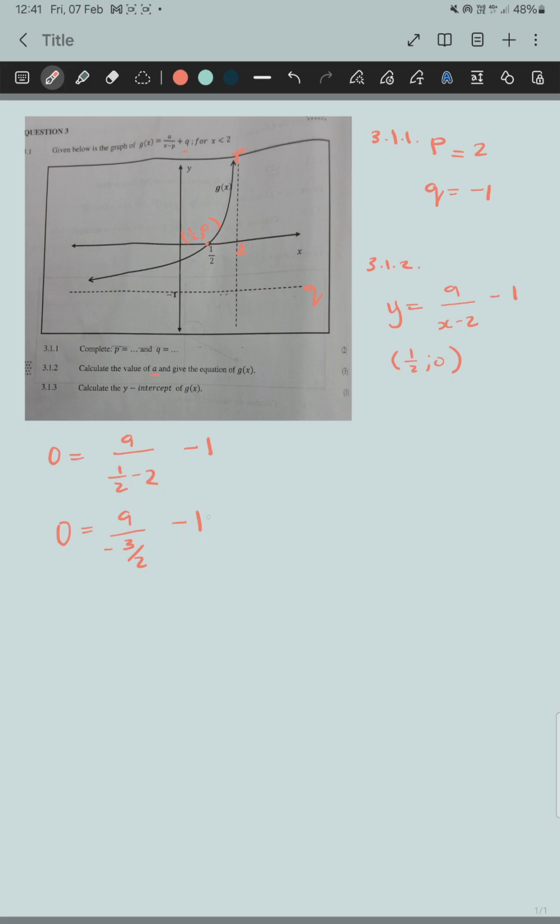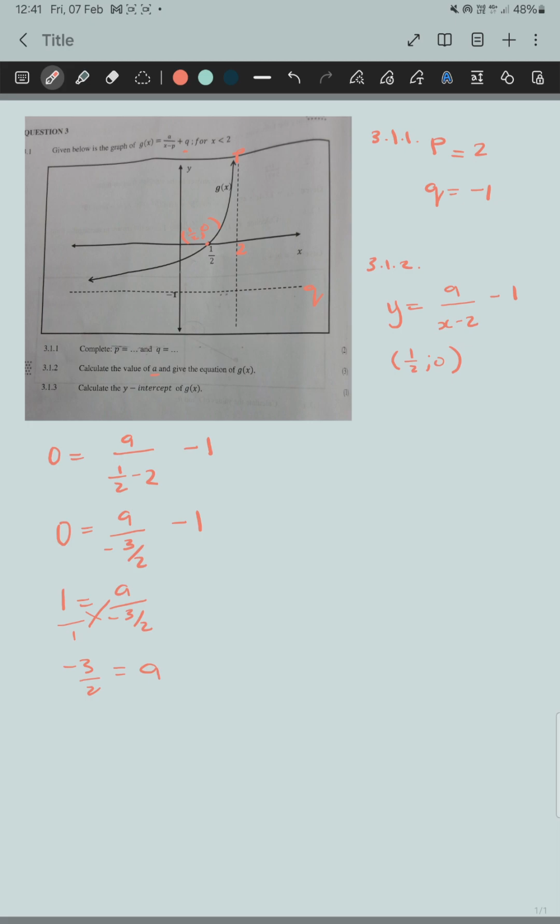We can make the 1 jump to the other side, or add 1, as we know. So it's 1 equals A over -3 over 2. We can cross multiply here. So I'm going to have 1 times -3 over 2 equals A. So there we have it. Our A is -3 over 2.